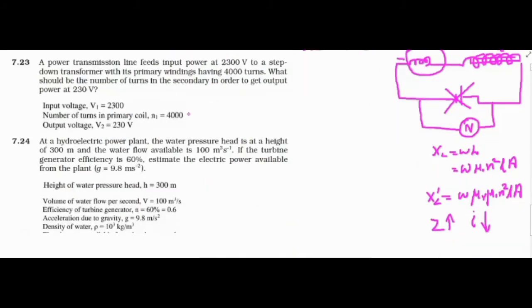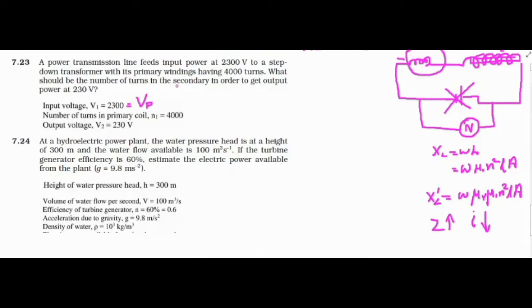Now, next, question 23. It's a transformer. We have input power at 2300 volt. That is the primary voltage VP.